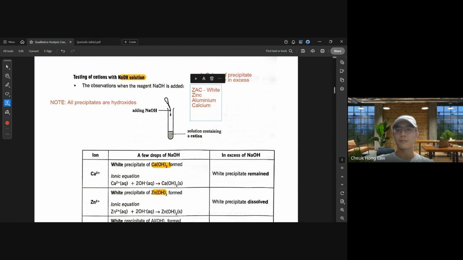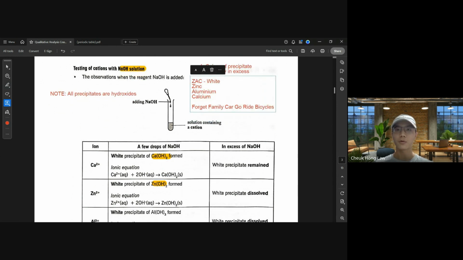So we decided, what about we forget about the car and we just ride bicycles? Riding bicycles is more eco-friendly and it's also a good exercise. So the memory shortcut is: forget family car, go ride bicycles.